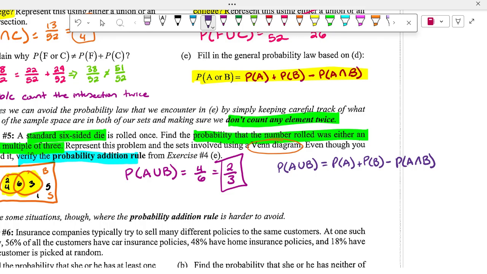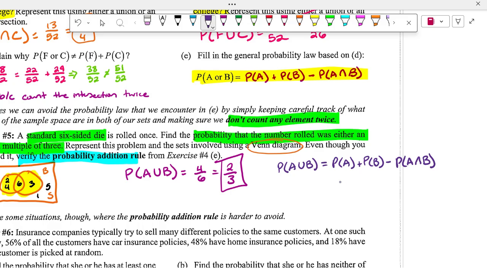Is that like the formula? Nope, it's that. But if you don't remember the formula, it's really just that the two add together and then you subtract out the intersection. If you just remember that the intersection gets counted twice, you just subtract it out.